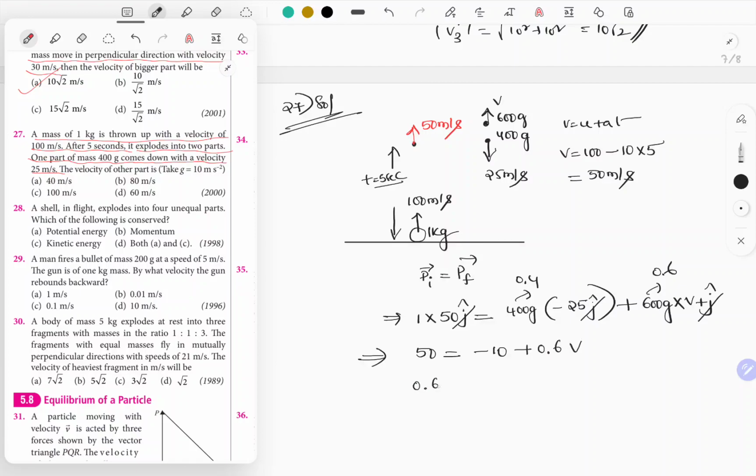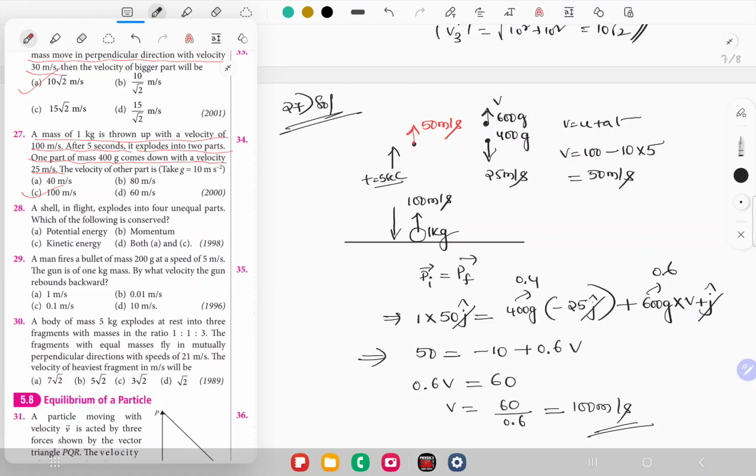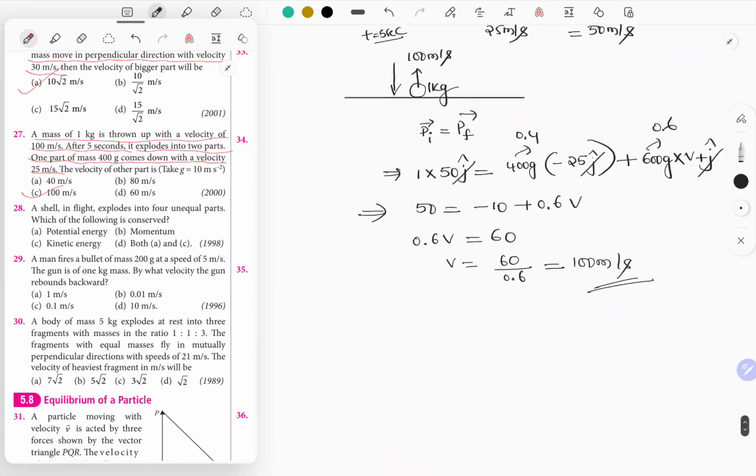So 0.6 into v is equal to 60. Then v is equal to 60 by 0.6, which is equal to 600 by 6, 100 meter per second is the velocity. So which option is matching? Option C is correct. Hope you understood.